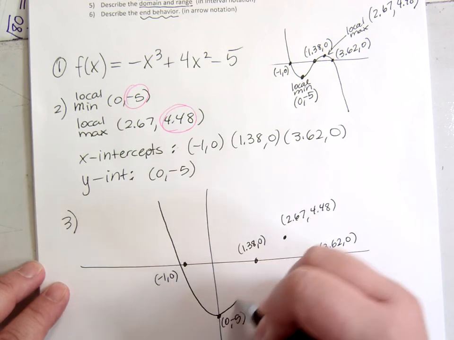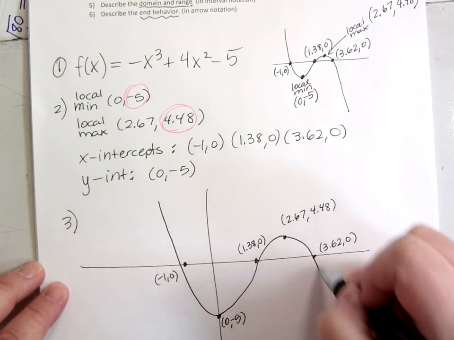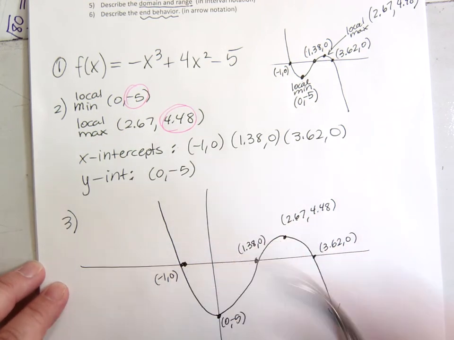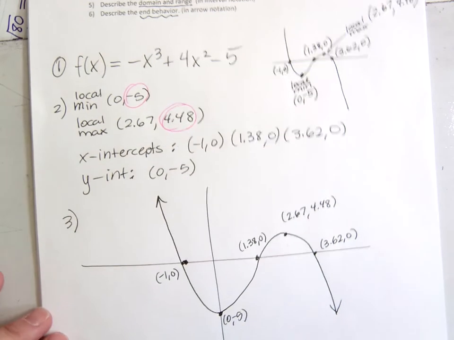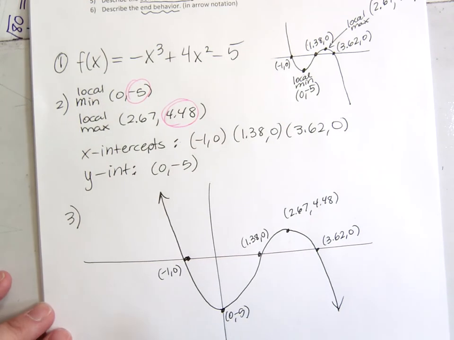And here we go. Sorry, I didn't go through that one very well. Let's pretend I did. There is my sketch. Okay, I need to go through all those points.